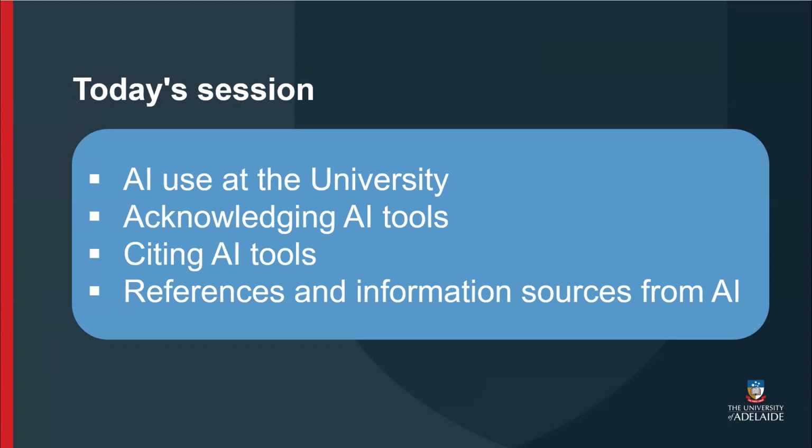And next we'll get into citing and acknowledging AI tools in your studies, and basically how they're a little bit different, but they're both equally important. Really all about transparency and attribution. And lastly, we'll cover AI-generated references, why they can appear accurate, but they're often incorrect. So that's the broad overview of today. Let's get stuck in.